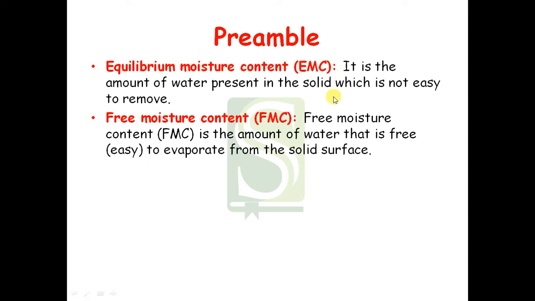So we can say EMC is either not easy to remove or not removed at all from the substance, and free moisture is the amount of water which can be totally removed from the material. The total moisture content of the substance is the sum of EMC and FMC.